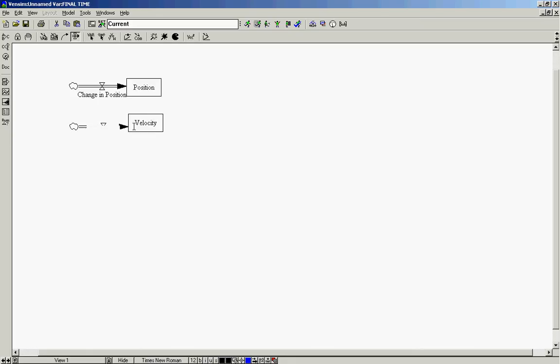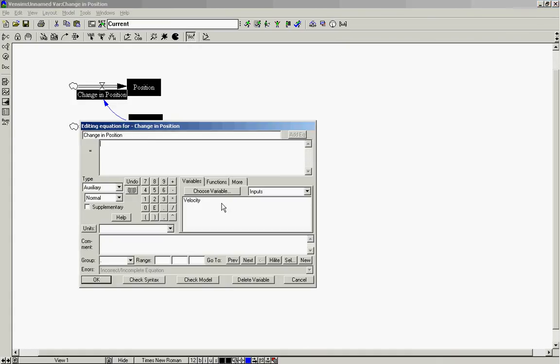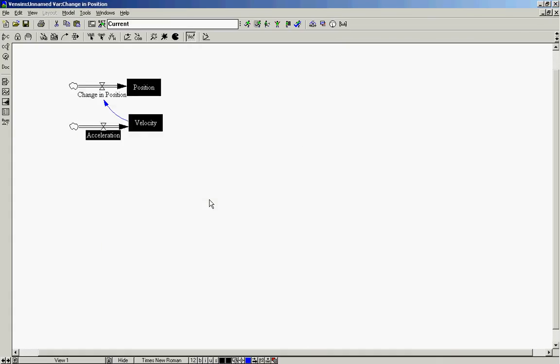And this goes to David's question earlier, so I'm going into this in a little bit more detail. I'm going to link this up to change in position. And so change in position here will just be equal to velocity. Okay. And then I could assume anything I want.